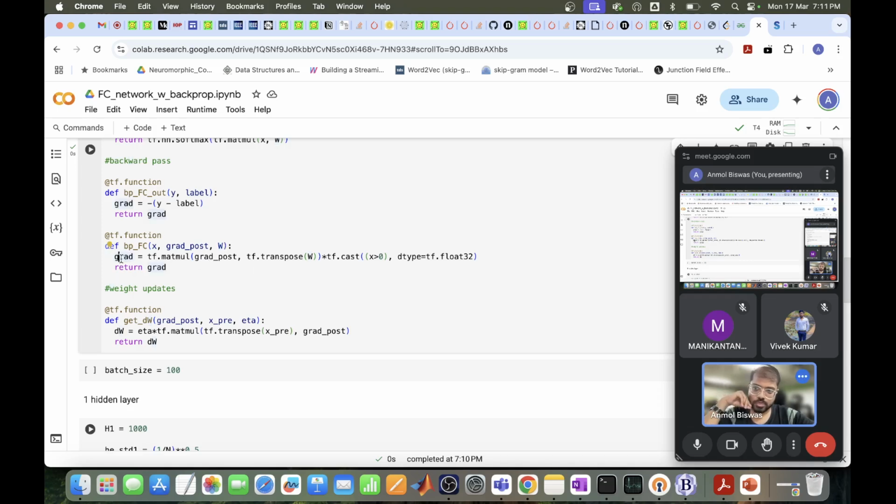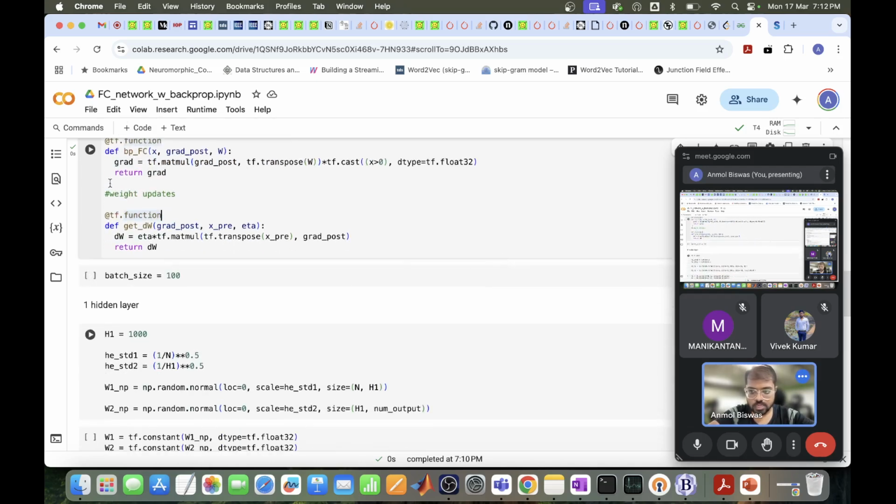You have a matrix multiplication: the gradient post multiplied by the transpose of the weight, and then you multiply this with the second part, where I take x greater than 0 and cast it to floating point. That second part is the gradient of the ReLU activation function. The first part is the flow of the gradient from the next layer to the previous layer. You combine the two and you get the gradient.